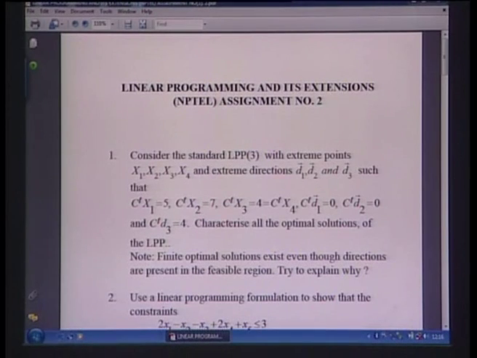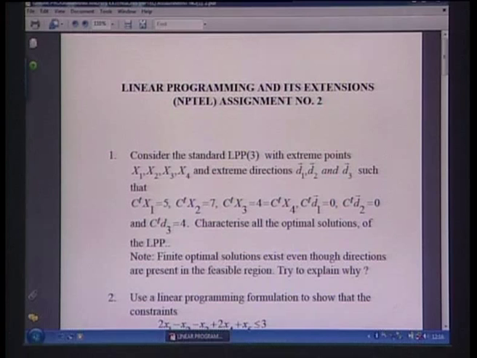Remember, the linear programming problem is a minimization problem. So, C transpose d3 equal to 4 does not bother us, because the value is positive here and it will increase in this direction. If I move in this direction, the value will increase with a multiple of 4, and my objective function is a minimization function.